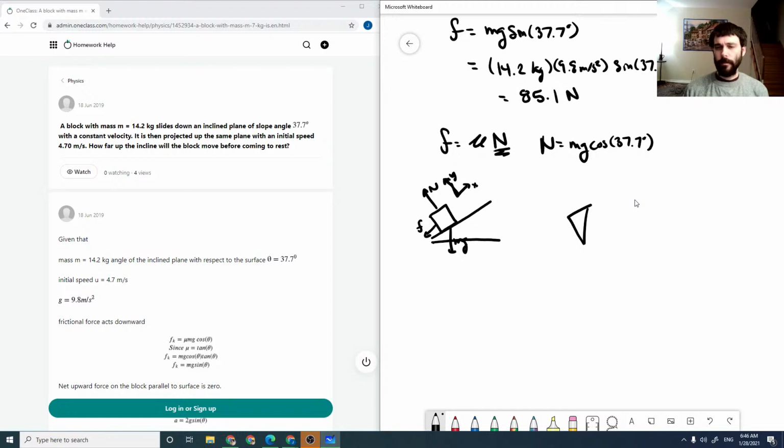So our mg is going to give us mg cos 37.7 here, and mg sine 37.7 here.